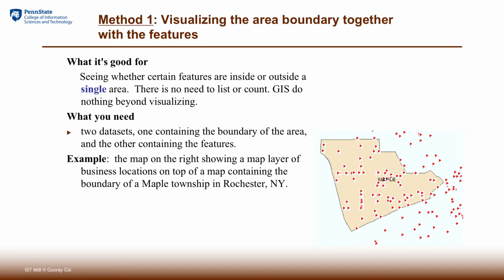And the question is, do we have a good number of businesses in Maple Township? If you overlay these two layers on top of each other and visualize on the screen, we can clearly see, yes, there's a very good number. Actually, they are distributed quite evenly across the township.